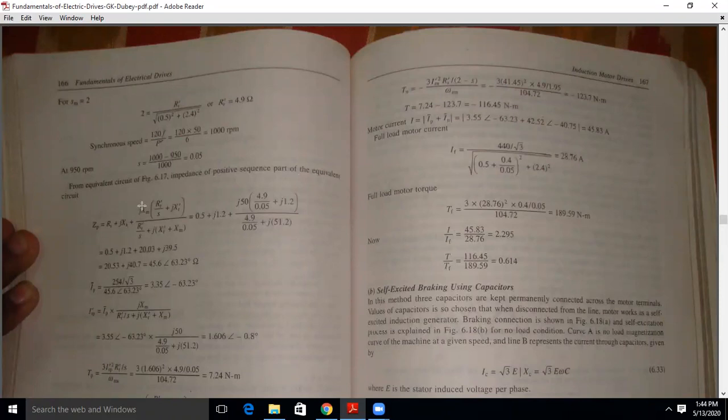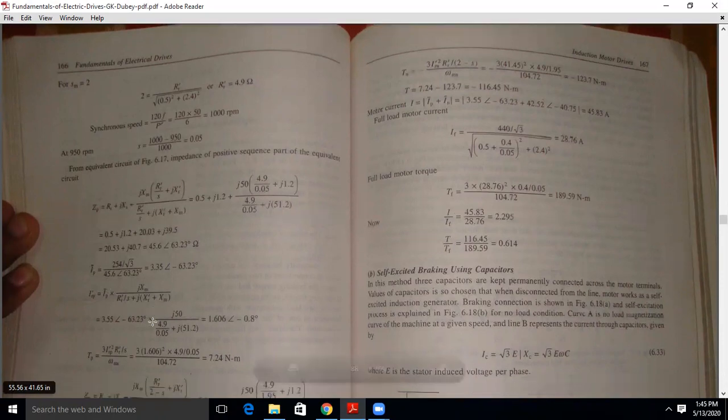In this case, it is Jxm in parallel with Jxr dash and R dash divided by S plus Jxr dash plus Xm. So this is positive sequence. So just for putting all the values, you have to calculate Zp, and again similarly by taking that Zp, we need to calculate Ip. And then I dash P. It is Ip into Jxm divided by R dash by S plus Jxr dash plus Xm.